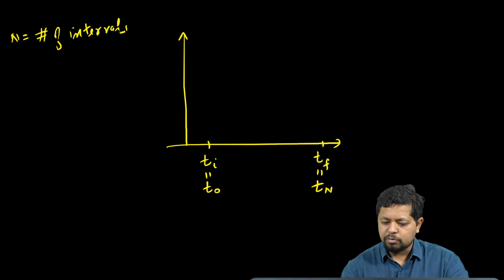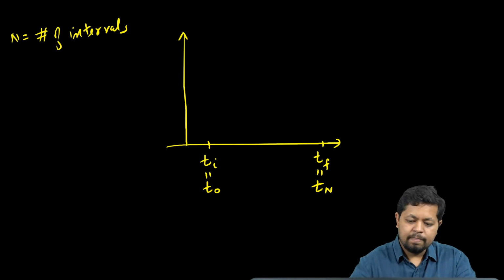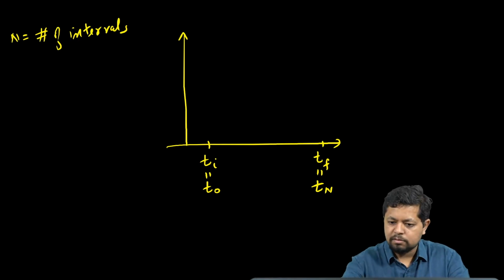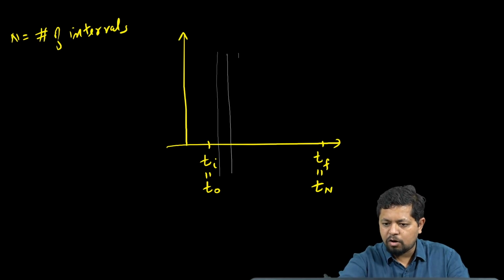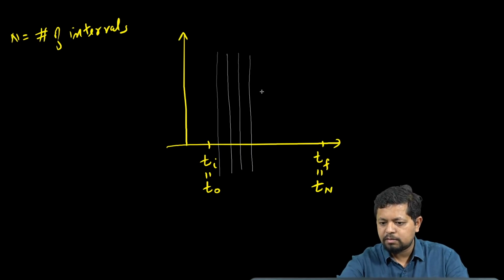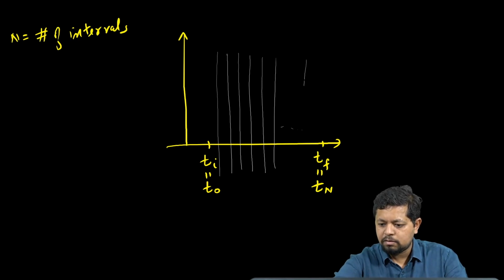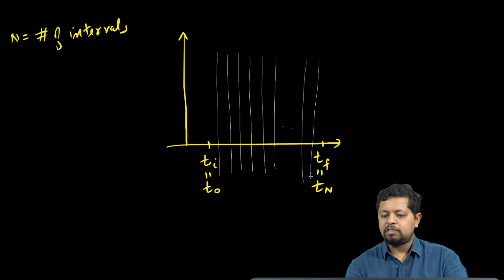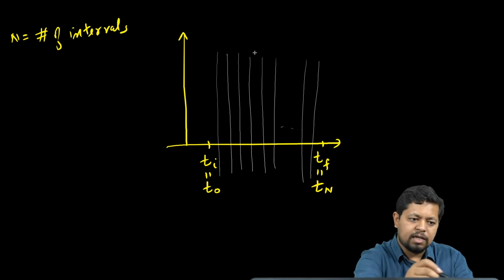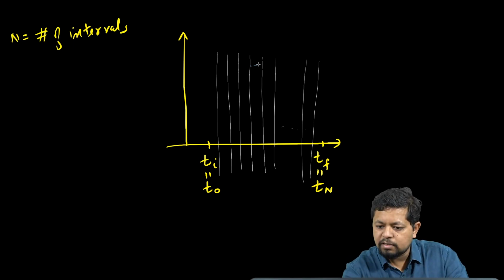What I'm going to do is cut this graph into very thin time slices, all of equal size, like that. Each of these time slices will have some width.